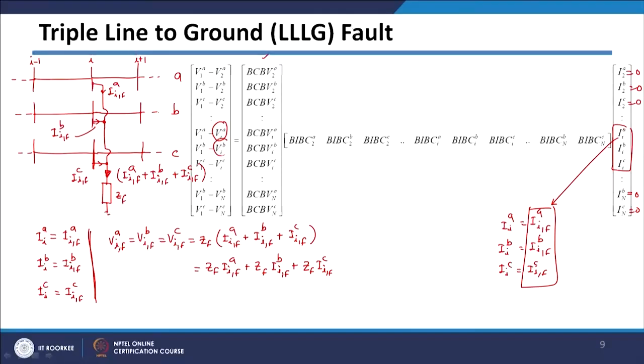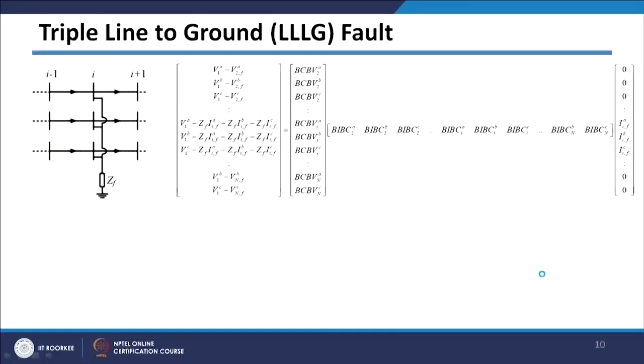Similarly the post fault voltages on the left hand side: these three entries, VIA, VIB and VIC, will be replaced by the post fault voltages at that particular bus, and they are all the same, and these will get replaced by this particular term here. So if you put this term in all the 3 locations and replace these currents with fault currents, you will get this equation here.